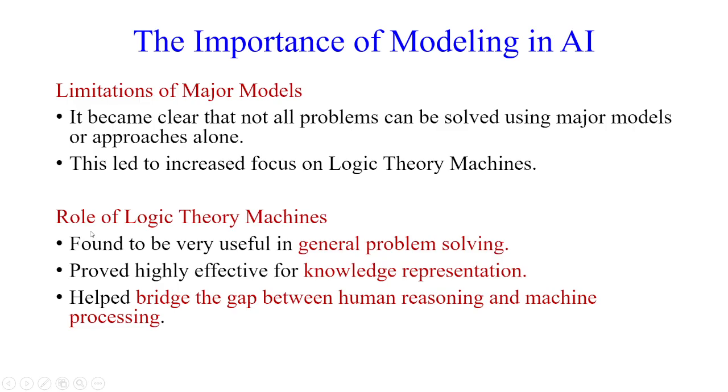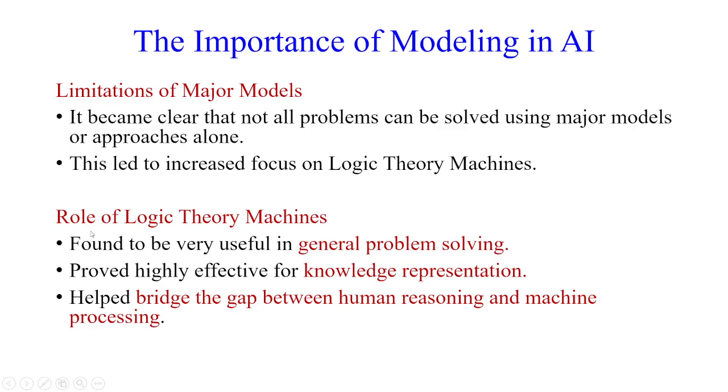Next, we will talk about the limitations. As AI research progressed, it became clear that not all problems can be solved using a single model or approach alone. Early AI researchers tried to apply one or two dominant models to all kinds of problems.